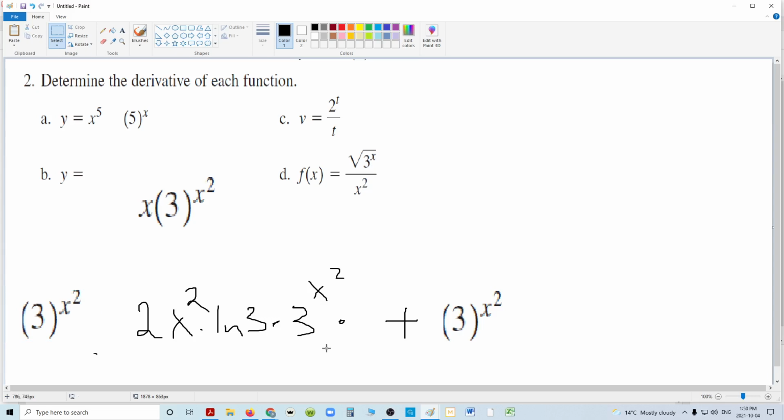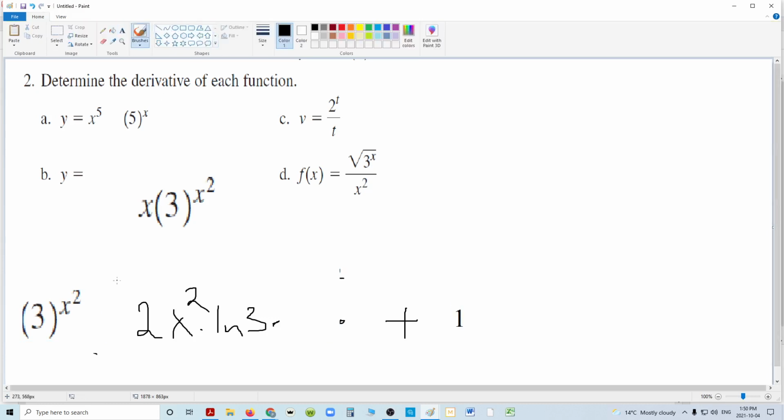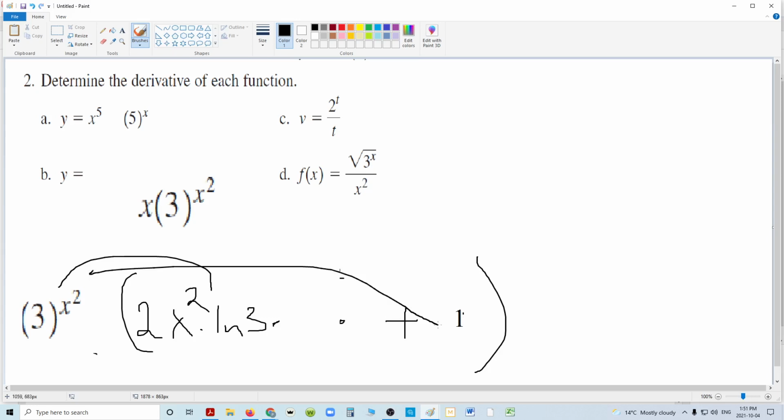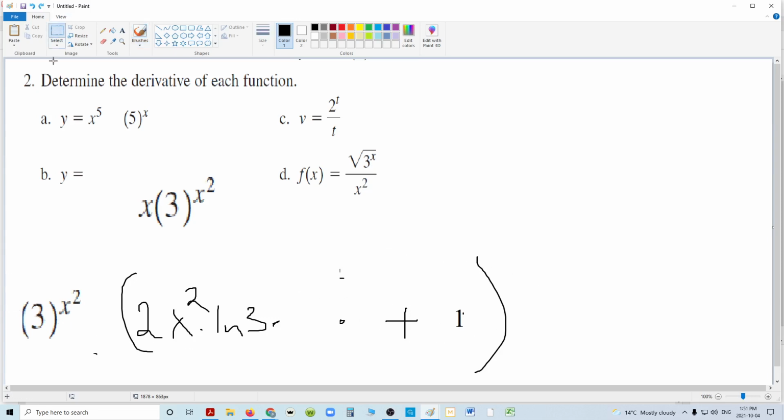And that's all I have in common, which means this is going to disappear into a 1, and this is going to become a 1. And I put a bracket around it. So I'm left with 3 to the x squared times 2x squared times ln of 3 plus 1. If I was going to distribute it, I'd do that. It just makes the calculations a little bit easier if they're asking me to calculate afterwards.